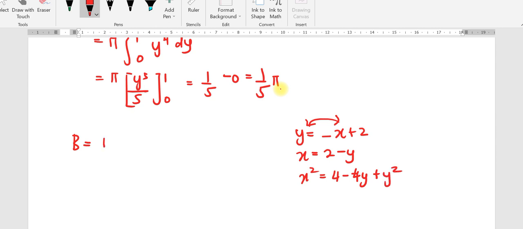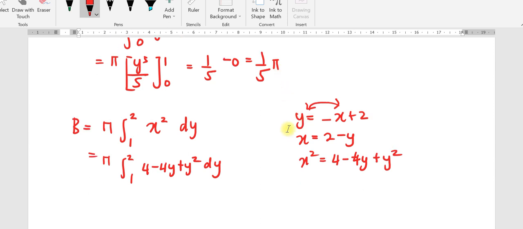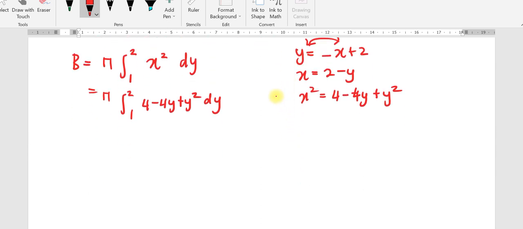So this one you integrate from 1 to 2. Don't forget your dy, and it should be x square. So what's your x square? 4 minus 4y plus y square. Okay, try to integrate this. 4y, not 4x, 4y square over 2.